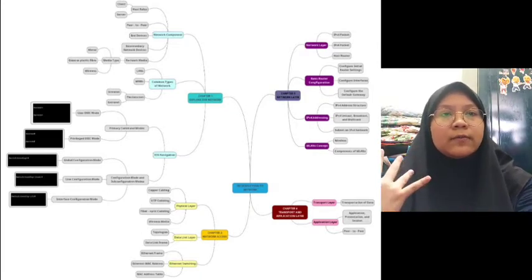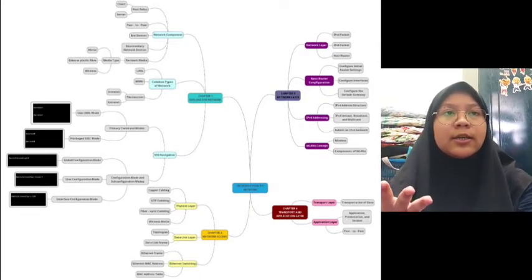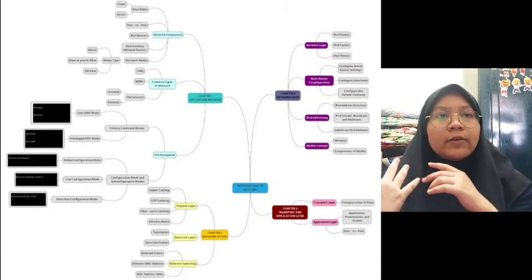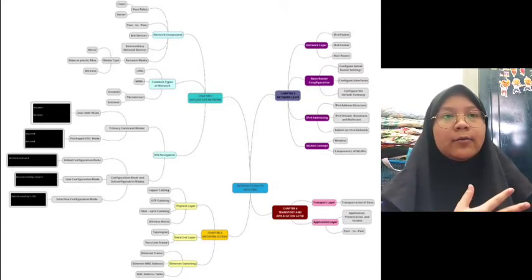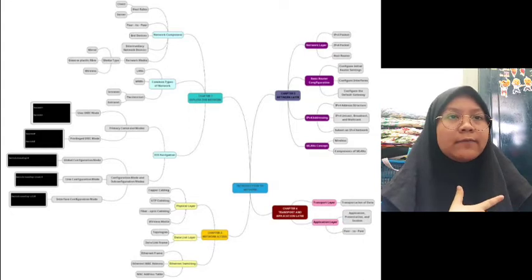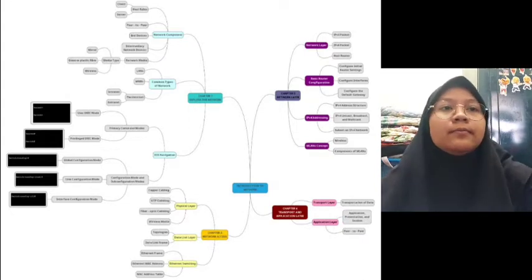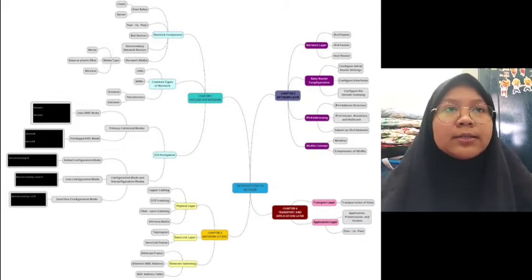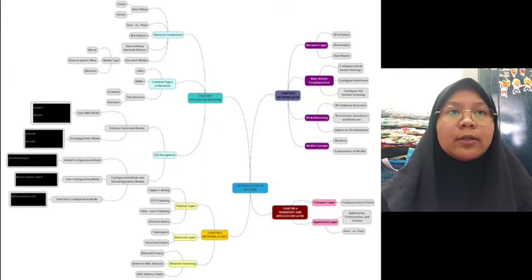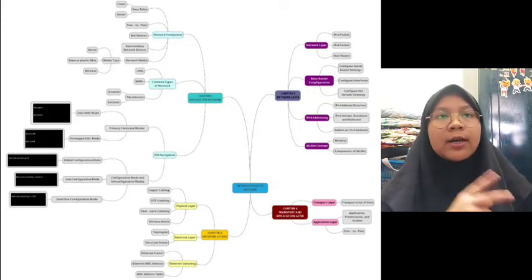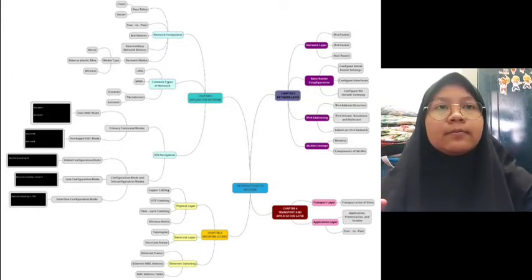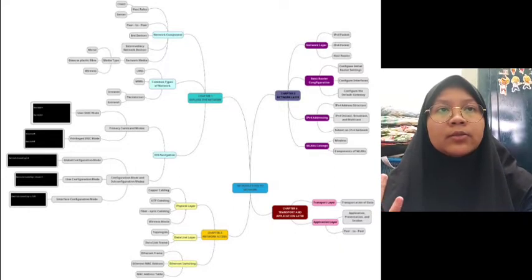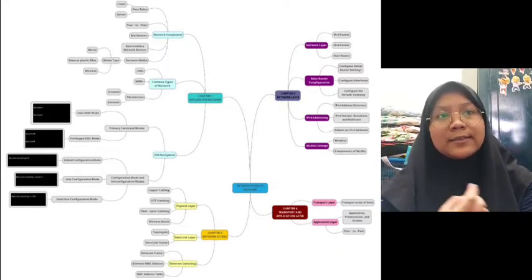Physical shows the physical connections and how devices are interconnected, while logical identifies the virtual connections between devices. There are three common physical topologies: point to point, hub and spoke, and mesh. So that's it about topologies.